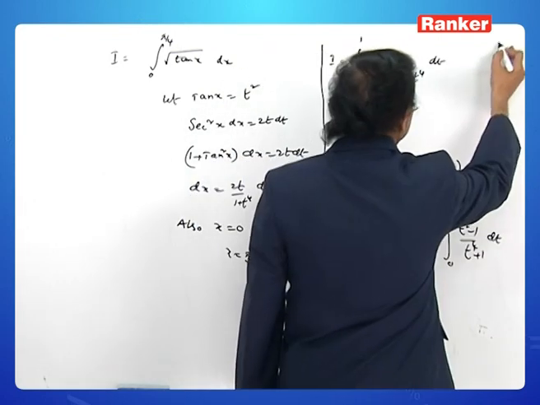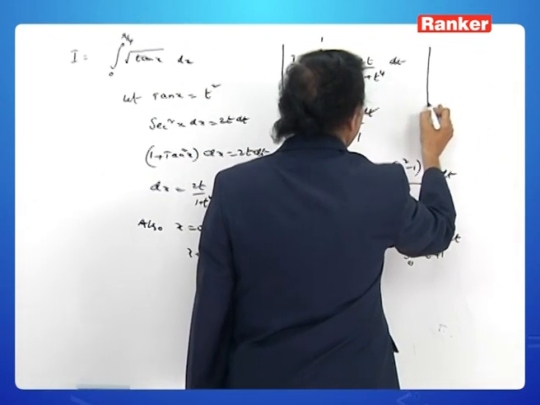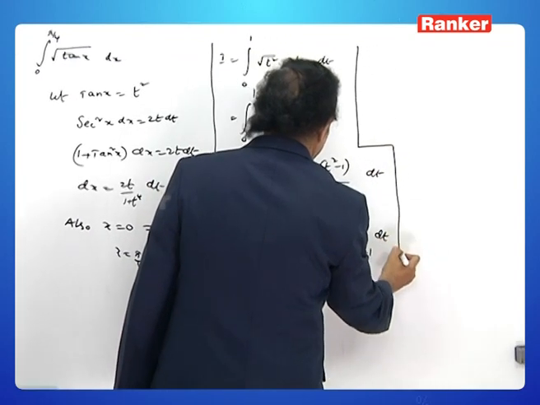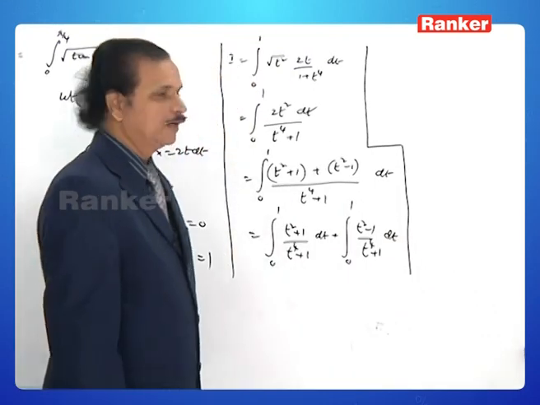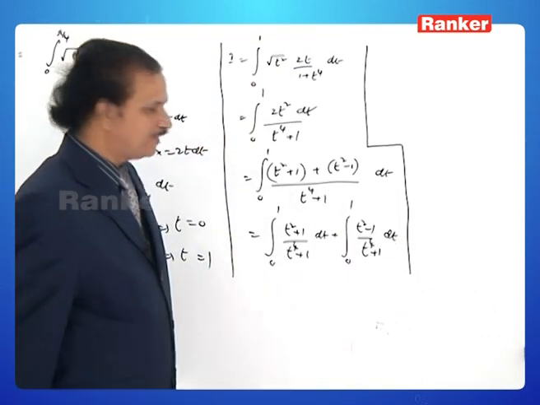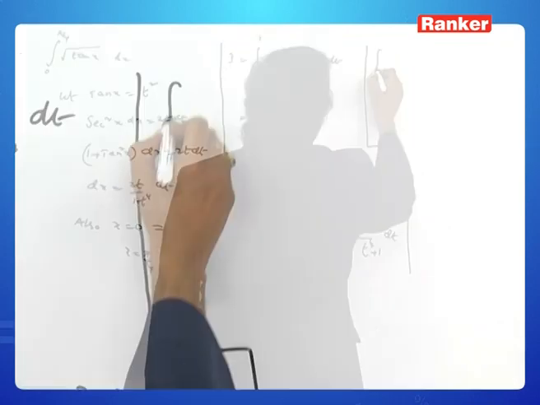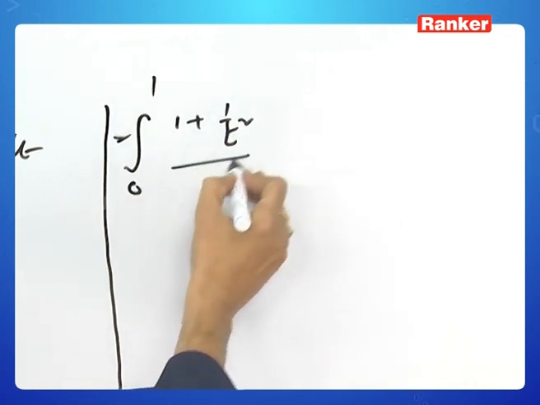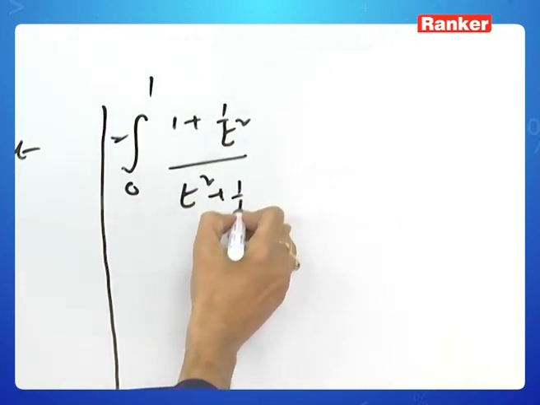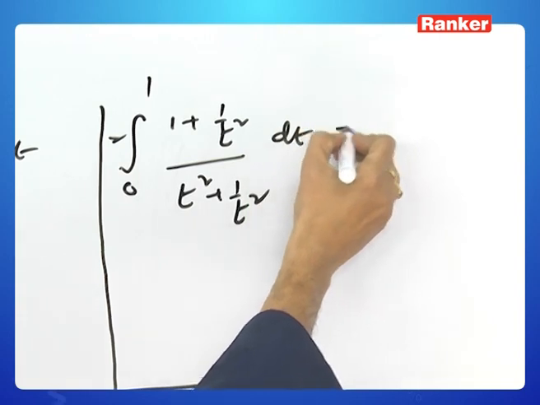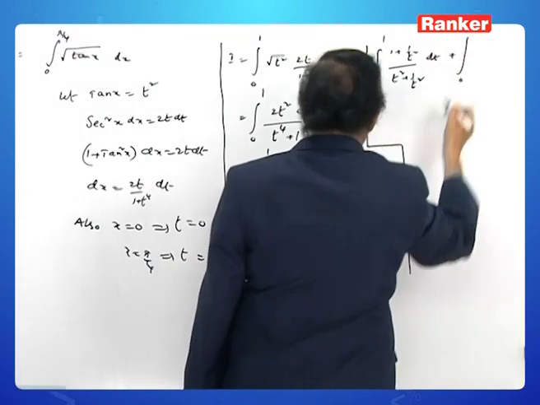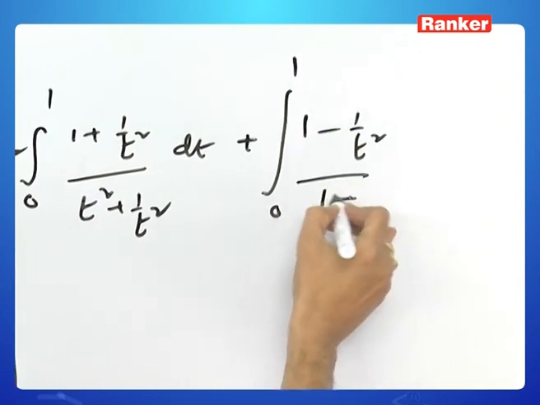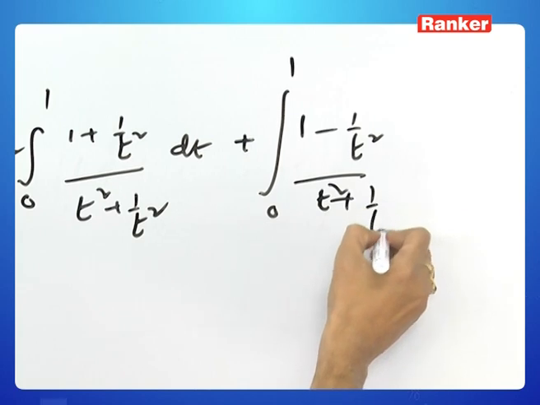Moreover, even this can again be split as, look here, integral 0 to 1 1 plus 1 by t square by t square plus 1 by t square dt plus integral 0 to 1 1 minus 1 by t square by t square plus 1 by t square dt.